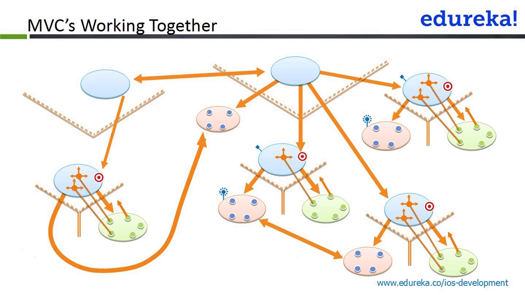Similarly, the controller also communicates with the model, and this controller also listens to other controllers. So then it's like a hub and spoke. You have different controllers talking to each other and also to their individual models and UIs.